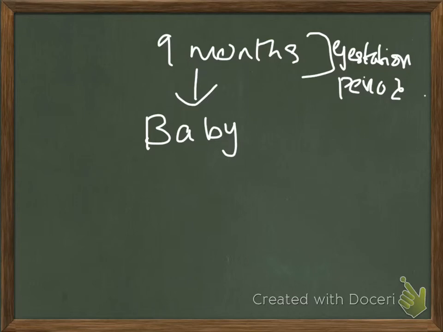Now, after the process of fertilization, when the embryo is implanted, the placenta is responsible for providing nutrients and oxygen, and removing waste substances from the embryo.